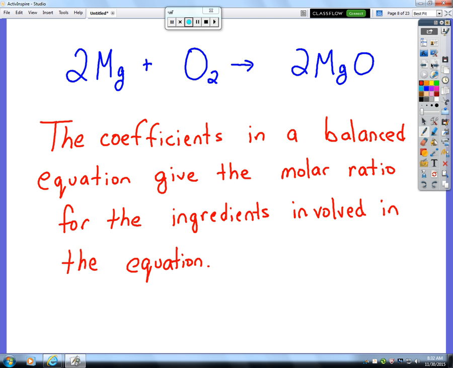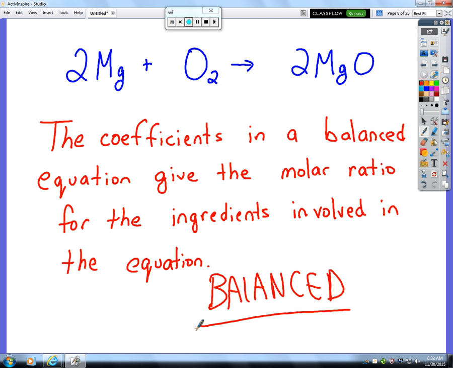And remember, the equation has to be balanced, right? Otherwise, you just make a mess. When you make turkey and stuffing and sweet potatoes and all the yummy things you make, you need to make sure that you have a balanced recipe, a balanced equation.